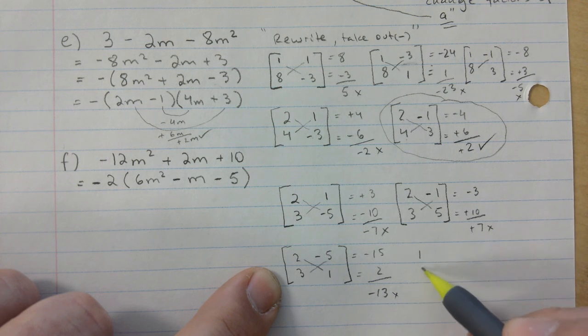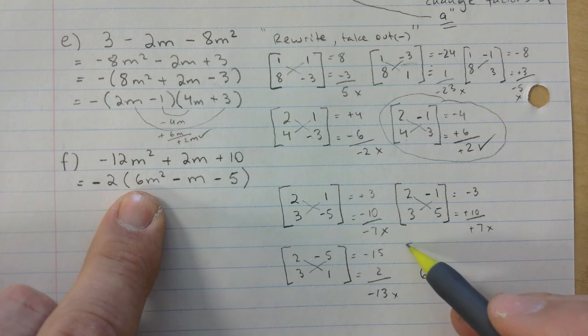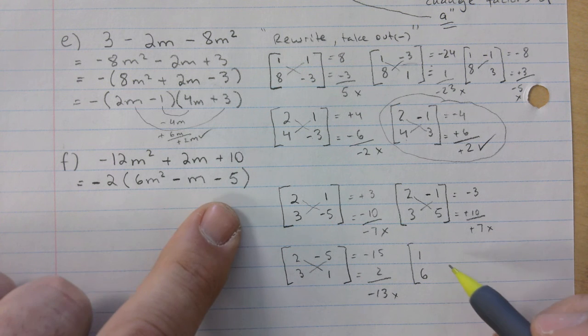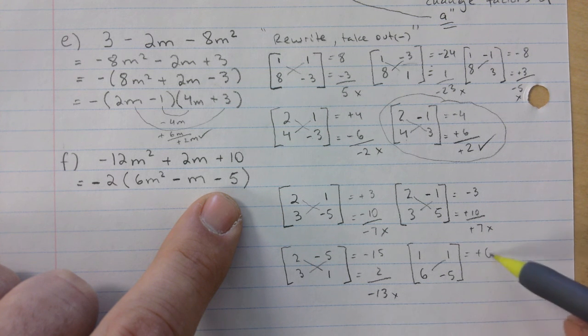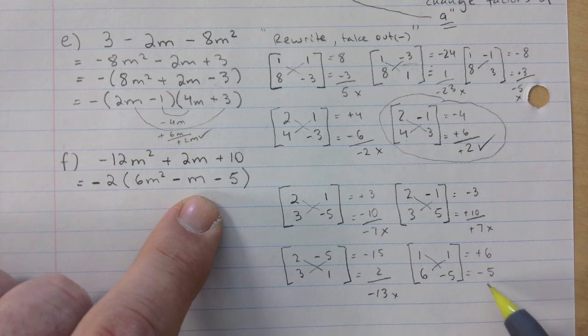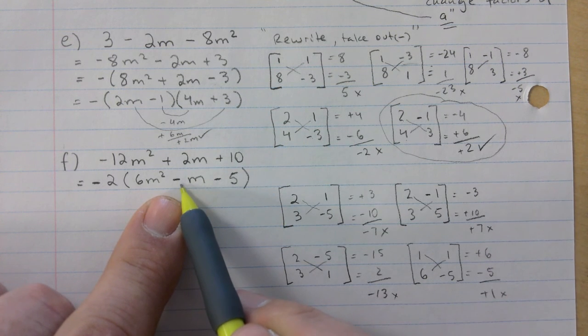I need to resort to 1 and 6. Right, 1 and 6. And I'm going to try 1 and negative 5 like this. Okay, that gives me positive 6. That gives me negative 5. Oh, this is almost working because you get positive 1. I need a negative 1, right?